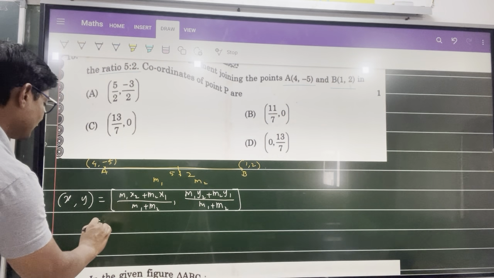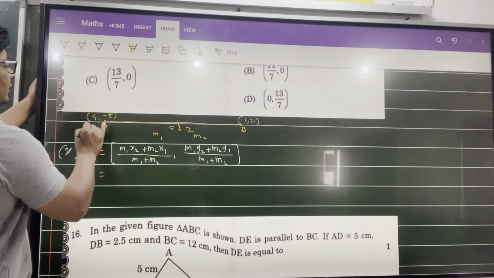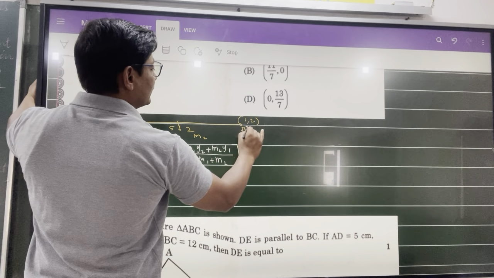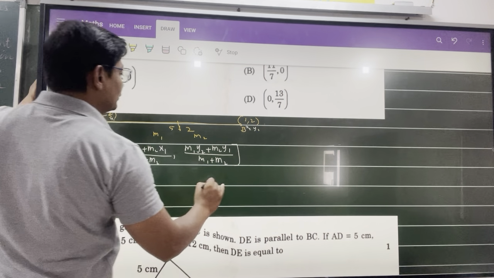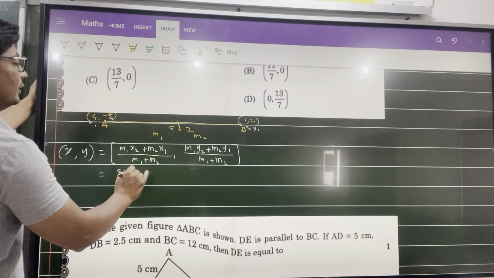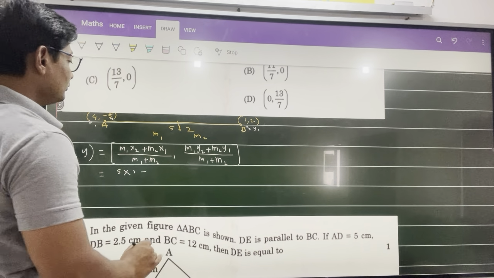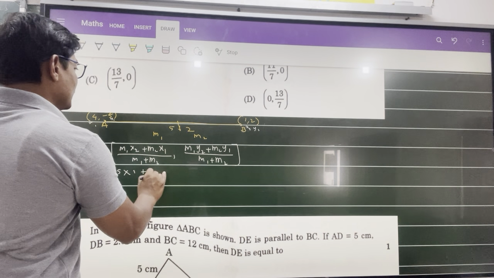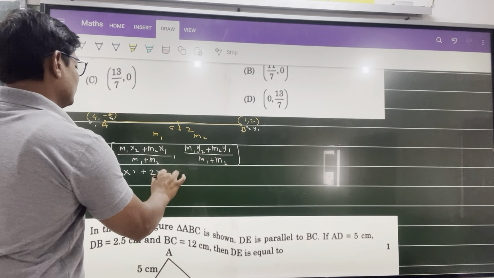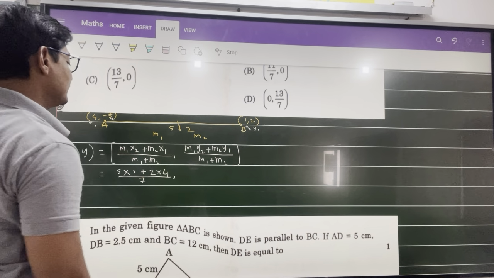So now substituting the corresponding values, here x1, y1 and this is x2, y2. Fine. So m1 is 5 into x2 is 1, then plus m2 is 2, x1 is 4, then m1 plus m2 is 7, so that will remain 7.